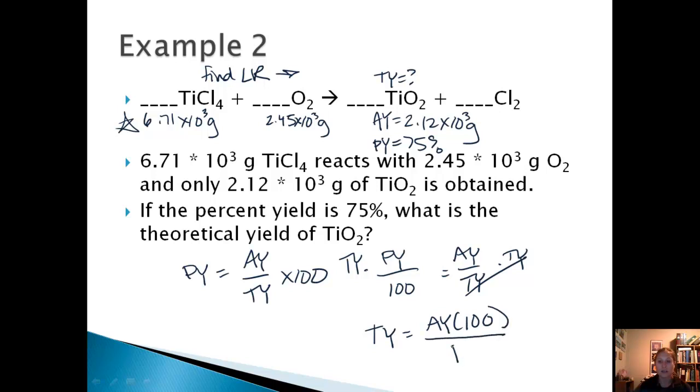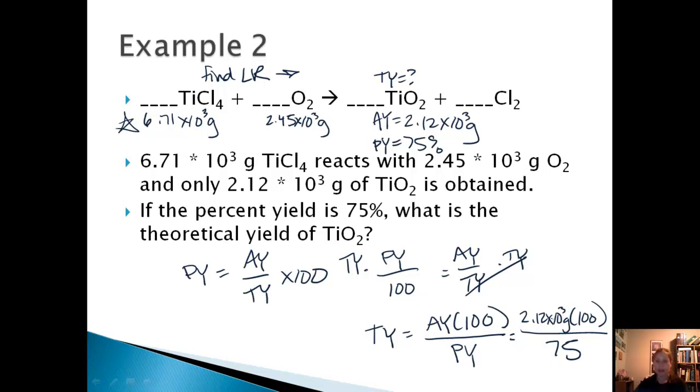So if I plug in, actual yield is 2.12 times 10 to the third grams times 100 over my 75%. I can write 75 because my 100 is in here. If you want to take the 100 out and just move the decimal, then you'd have to write 0.75. Okay, so let's solve this.